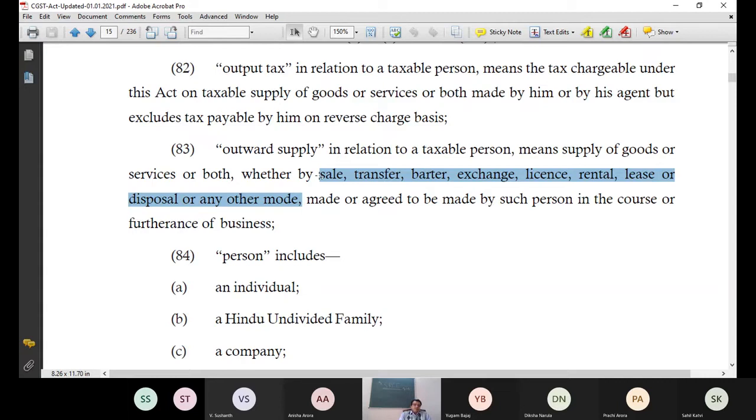So can you notice something? This supply is only for a taxable person. Who is a taxable person is another matter, but for the time being you simply note down this word, taxable person. I can be a person, just because section 2 clause 84 says person includes. Now as an individual, for example, I have this laptop and if I sell this laptop, I am not registered under GST laws.